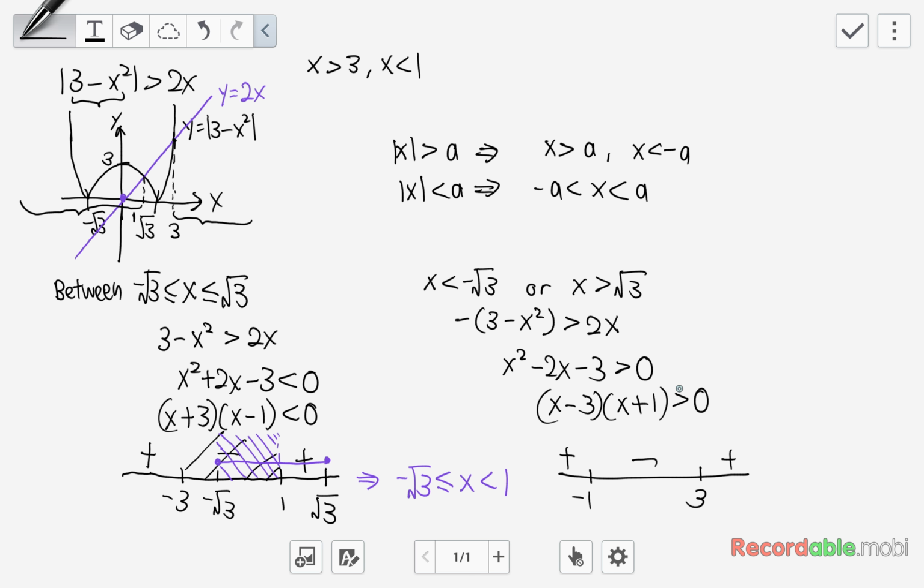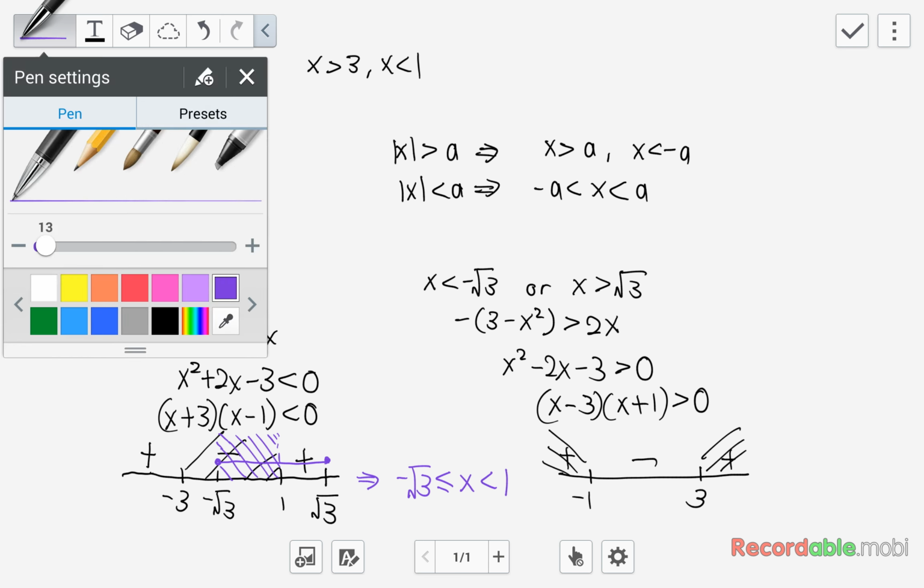Because we want the inequality to be greater than 0, we take the positive region. So our inequality could be greater than 3 and smaller than minus 1. But take note, we only want the part that is greater than root 3 and smaller than minus root 3.